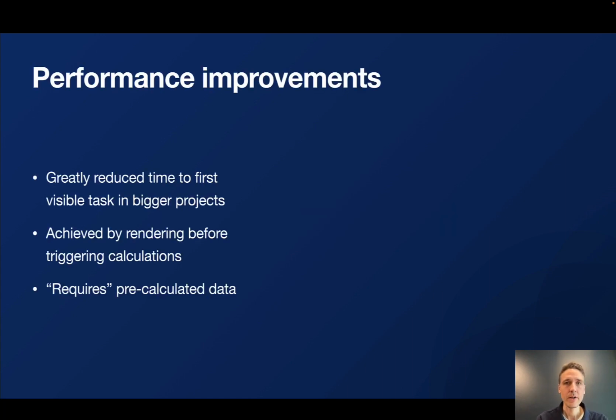And in 5.0, we have greatly reduced the time it takes to get the first task in Gantt on screen. And the same is true for the first event in Scheduler Pro. Before I tell you what changed, I need to give some background on how Gantt and Scheduler Pro work behind the scenes. Both of them are using a graph-based engine to handle calculations.